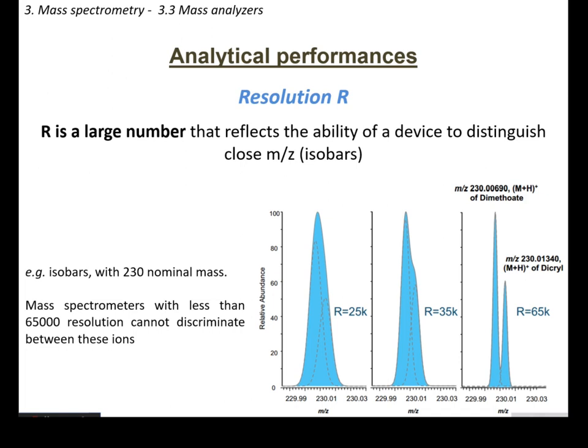If you have a resolution of 35,000, you can begin to see that there are two molecules, in fact, in the same mass peak. And if you increase the resolution up to 65,000, then you can clearly separate these two compounds.